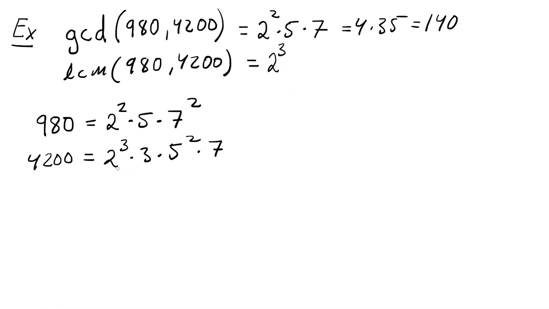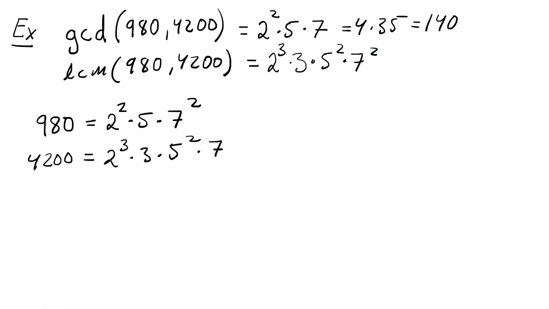So if the number should contain both, then it must contain 8, that is 3 2s, and also 2 2s. It must contain a 3, since 3 is part of one of them. And it must have 2 5s. And 2 7s it must also have.